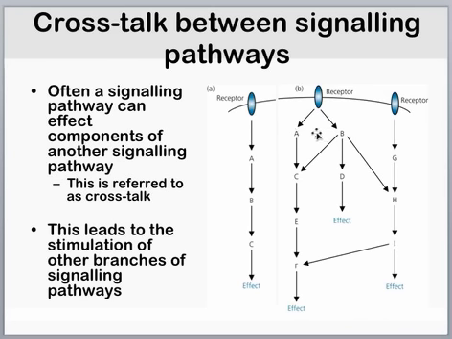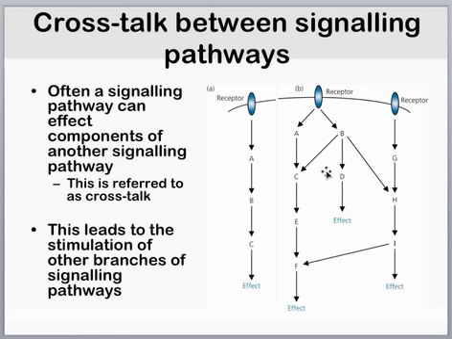Different proteins may respond to the same second messenger. So, for instance, cyclic AMP may activate more than one protein. It may activate protein A and protein B. And therefore we get a cascade of different pathways being activated from a receptor.